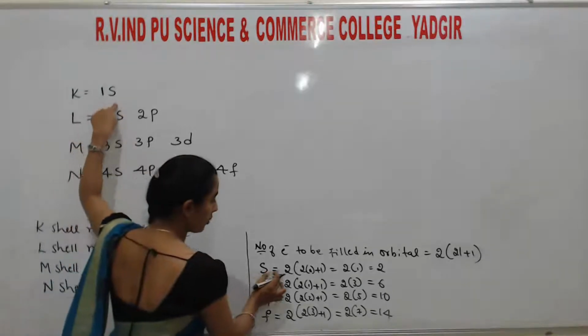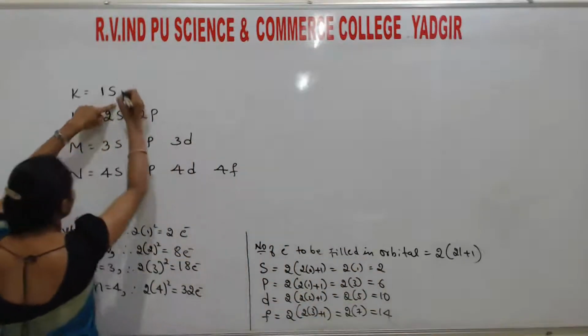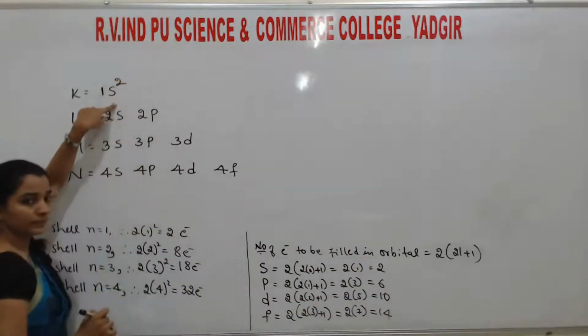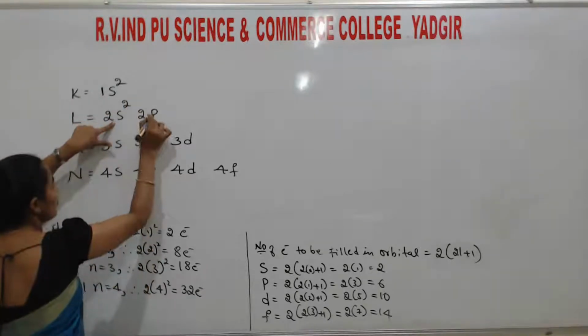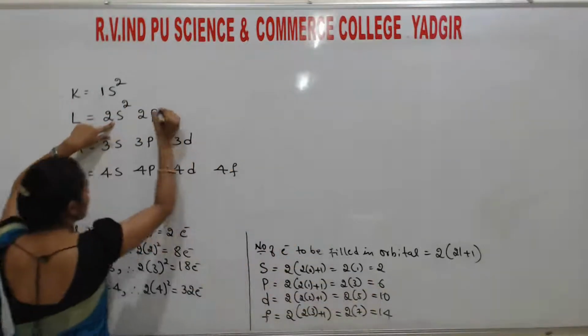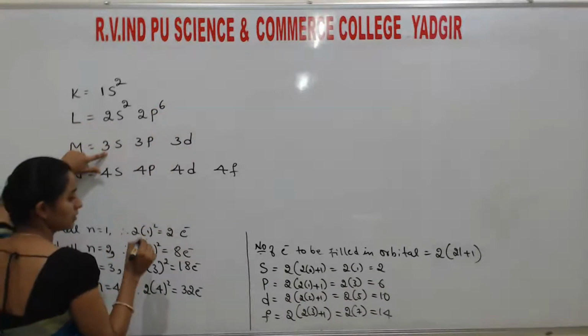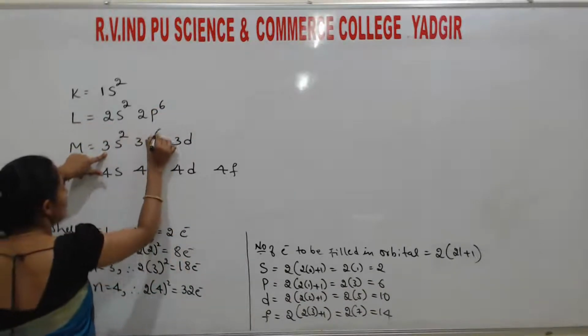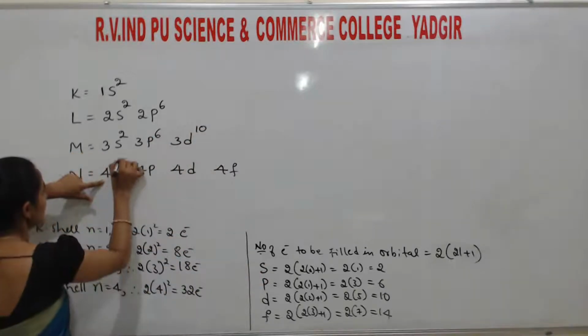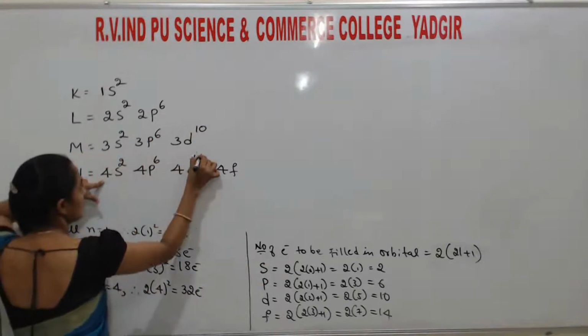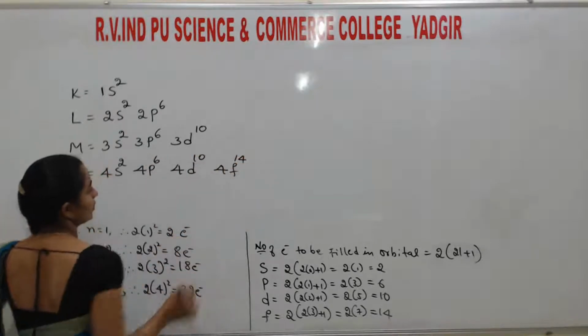To s orbital, how many electrons can fill? 2 electrons. Correct? For s orbital, again 2. For p orbital, how many? 6. So next, for s orbital 2, p orbital 6, d orbital 10. For f, 14.